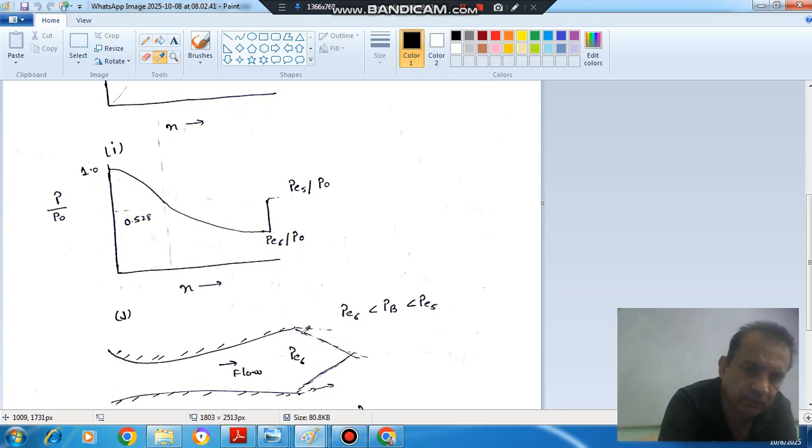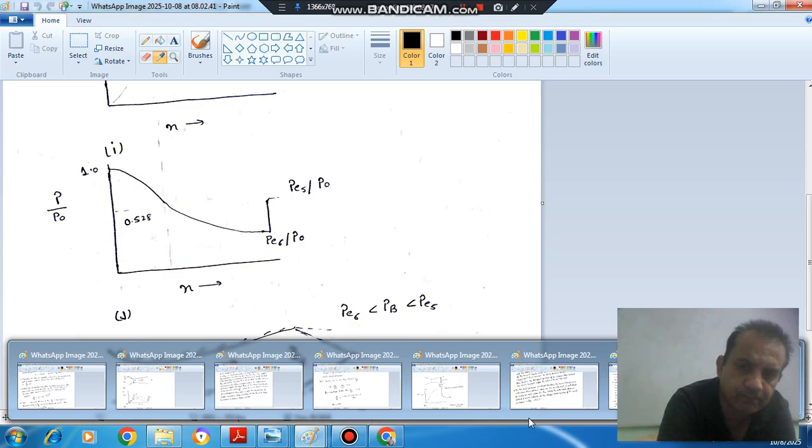So oblique shock will take place. If we maintain pressure PE5, then the normal shock will take place. If we maintain back pressure between PE6 and PE5, then the oblique shock will take place. So this is the point.